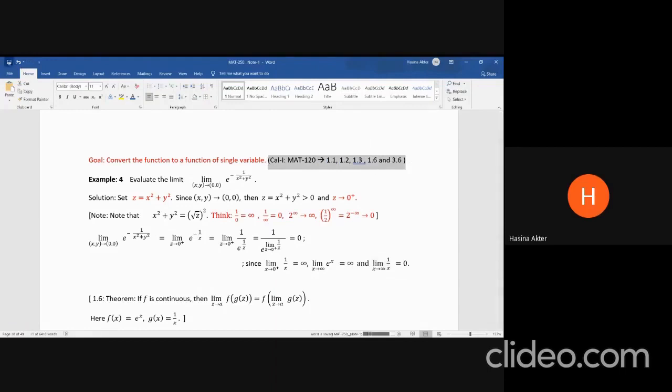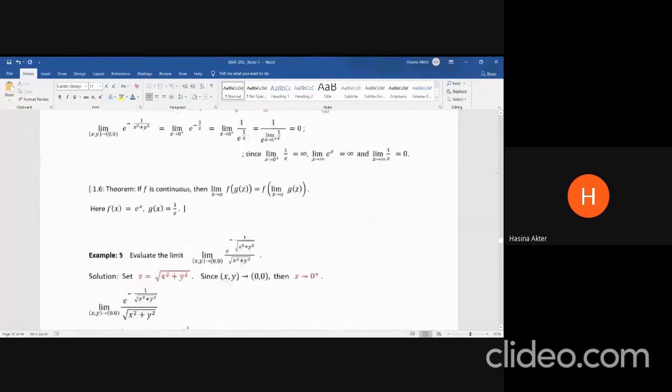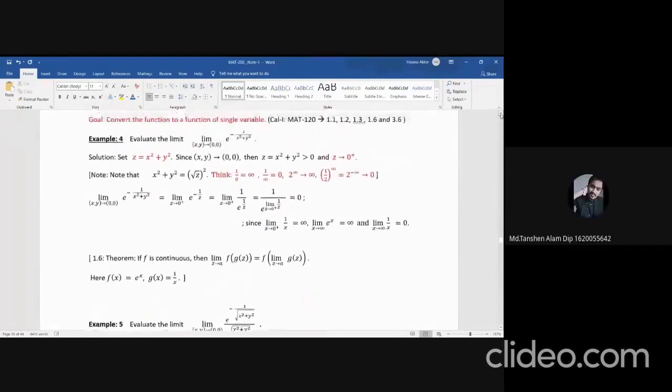Now we want to evaluate. That means we want to learn the trick where we can claim that we are considering infinitely many directions. Are you ready? Yes, miss.